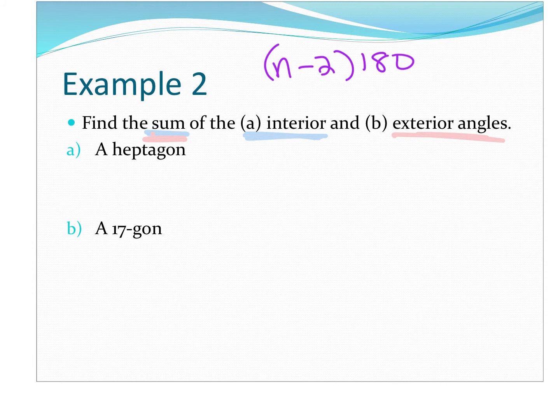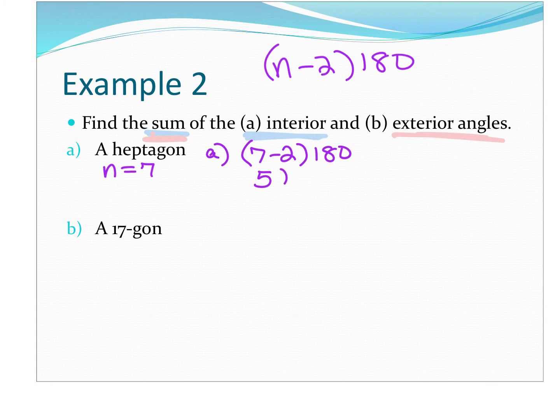So when I give you one of the special names, you need to know that a heptagon has 7 sides. So here my n value is going to be 7. So to answer part A, I'm going to do 7 minus 2 times 180.